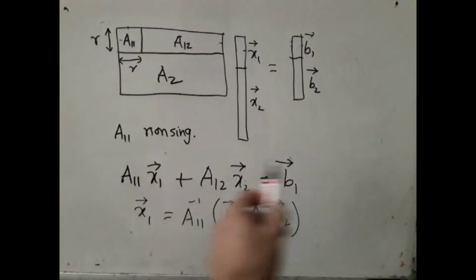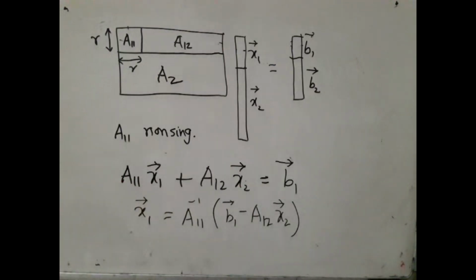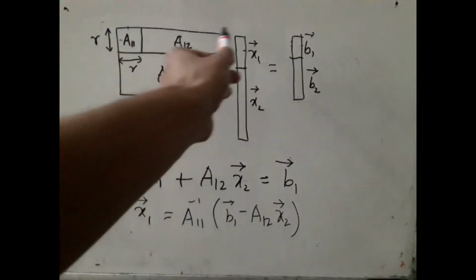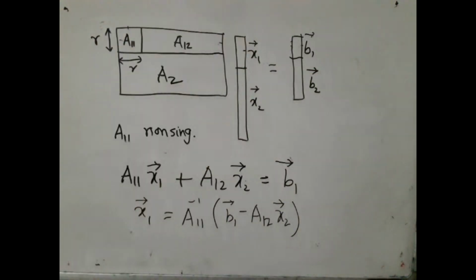I take this on this side and pre-multiply by its inverse. So what do I get? I can take any arbitrary values for x2, I do not mind, form this expression, put that as your x1, then it is guaranteed that the first R equations will be satisfied, and if the first R equations are satisfied, then immediately all the equations must be satisfied.